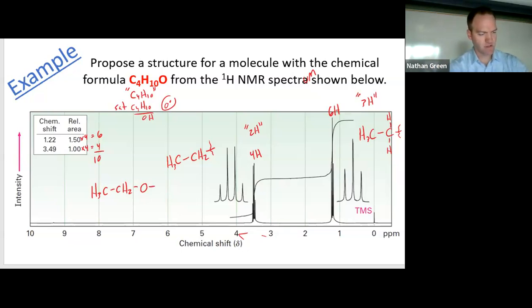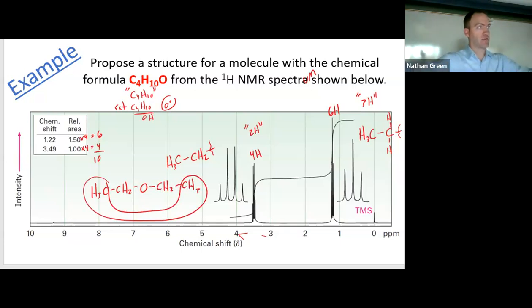Here's the symmetry in the molecule. The CH3 and the CH2 can go over here so that these guys are the same. They would show up as one signal because the CH3s are chemically equivalent as far as my NMR is concerned. And these guys are the same. My CH2s would show up as the same signal. I would only have 2 signals in this molecule, even though it's more complicated than that.